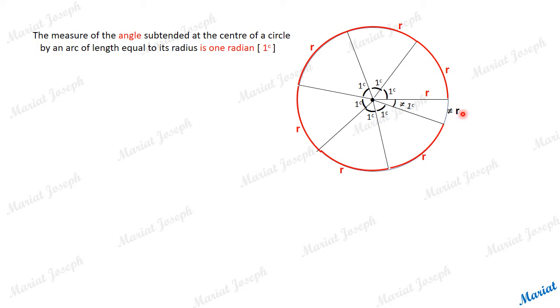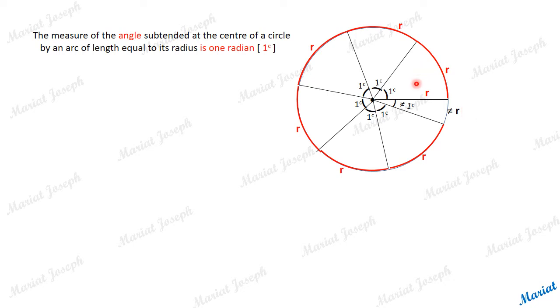There is little balance, which is this arc is less than the length of the arc that we had been taking. So the angle subtended at the center will not be equal to 1 radian. That's going to be less than 1 radian. How much is it? Exactly how much? We need to check.